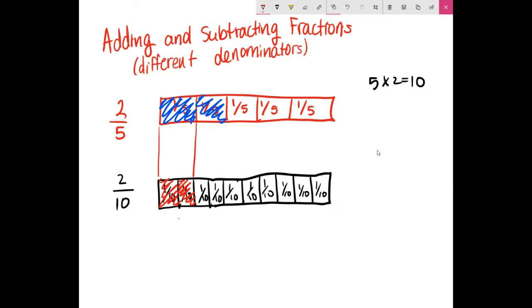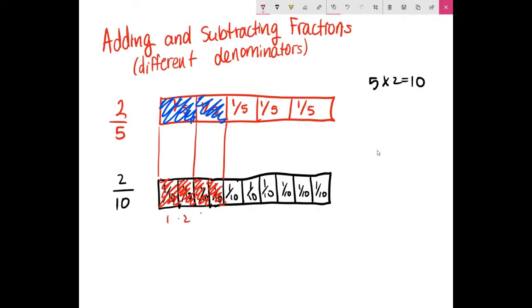So what fraction is the same portion as the 2/5? Well, it looks like we have to shade in 2 more, and that will take up the space that 2/5 takes up in the original strip. So how many do we have shaded in the second strip?